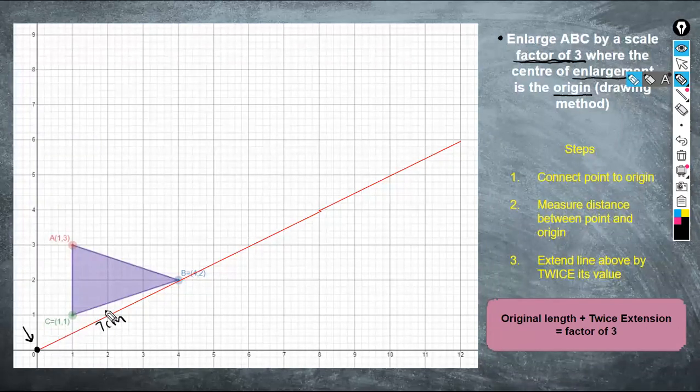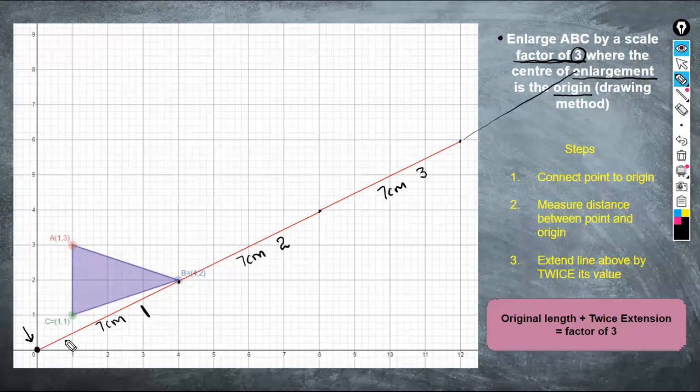You see, the first line that you drew counts as 1. A lot of people don't count the first line. The second time you extend it, the next 7 centimeters, that's the second. And then the third time, the next 7 centimeters is the third one. That makes a factor of 3 in all. Some people will go 1 extra line because they forgot to count the first one.